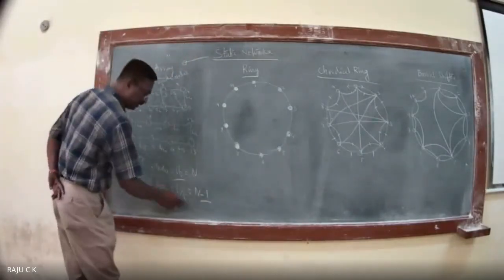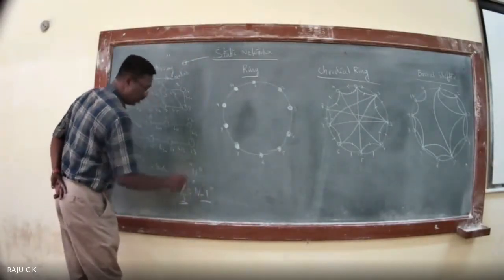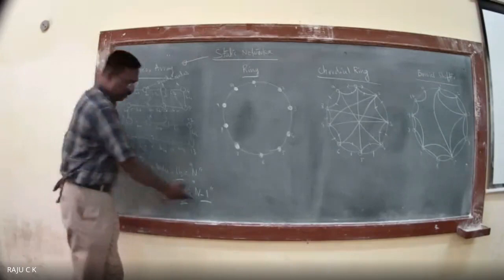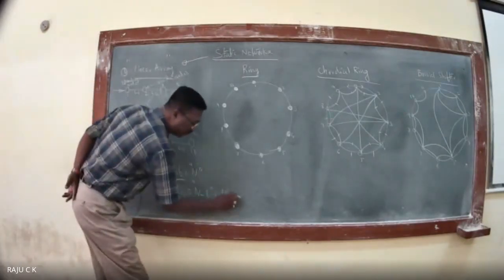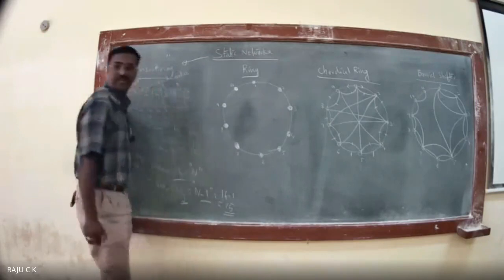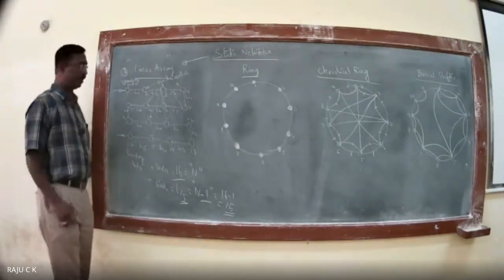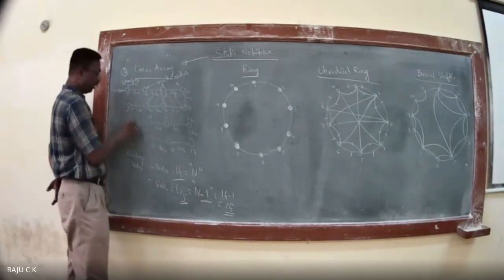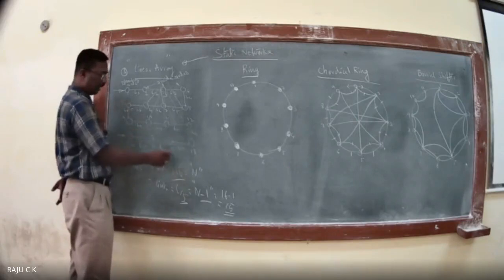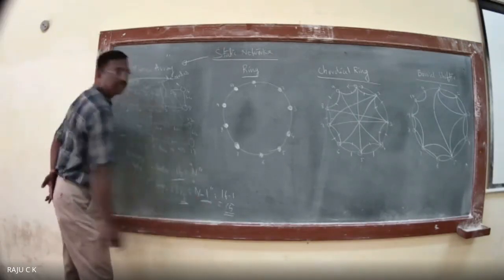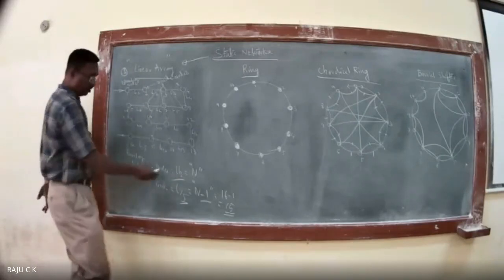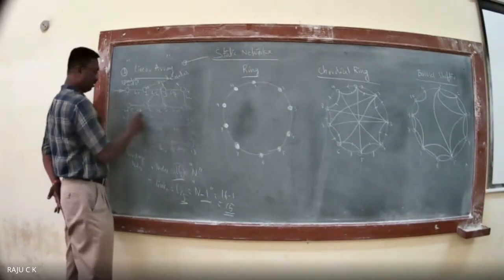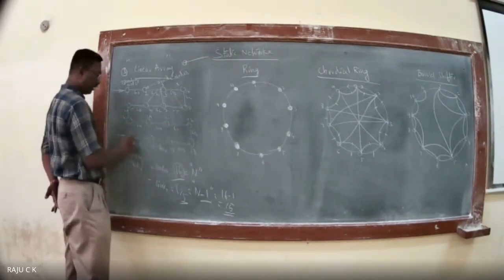So the number of links is equal to n minus 1. Here the number of nodes is 16, and the number of links is n minus 1, so 16 minus 1 is equal to 15 links: L1, L2, up to L15. The nodes are 1, 2, 3, up to 16.